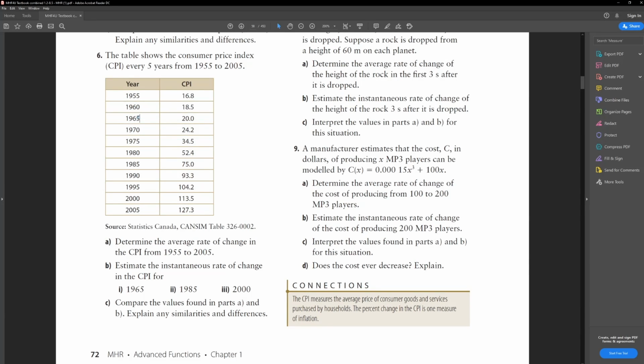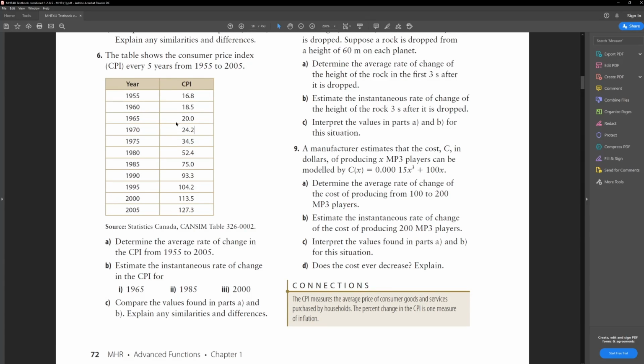From 1960 to 1965, we would do 20 minus 18.5 divided by 5. And then from 1965 to 1970, we would do 24.2 minus 20, all divided by 5. That will get us a range of numbers for what the CPI for that year actually was.